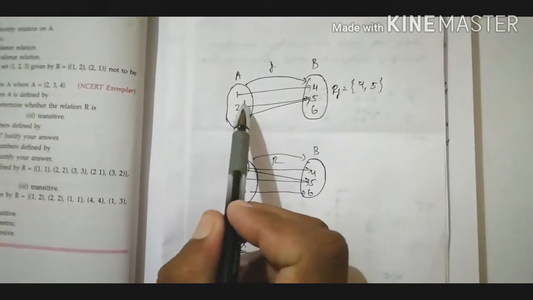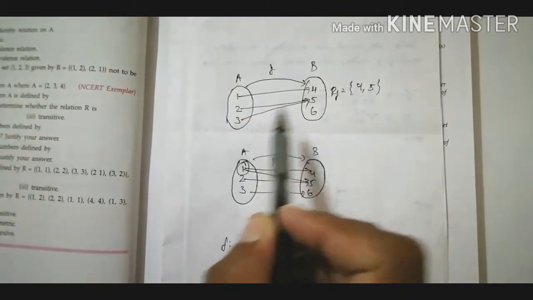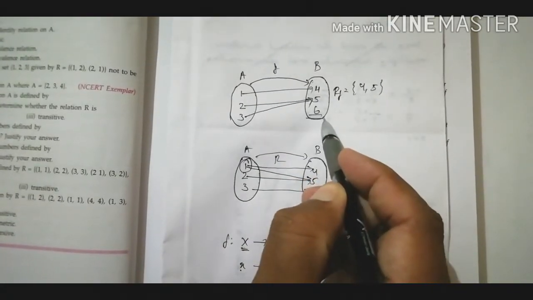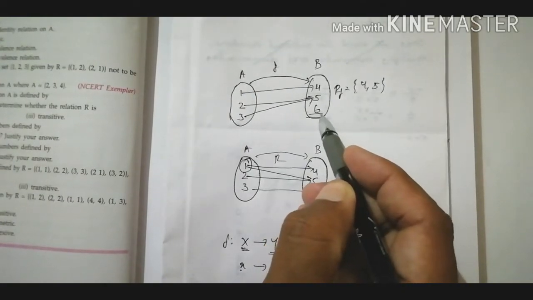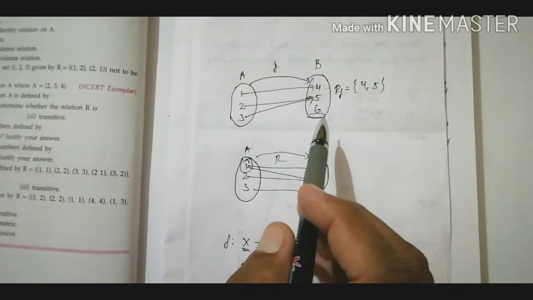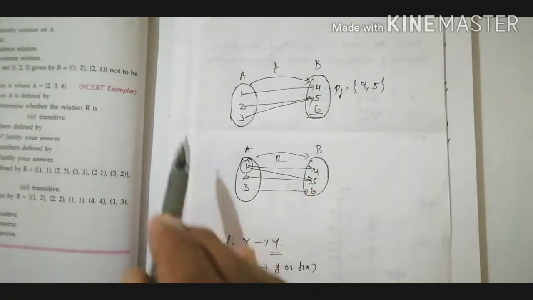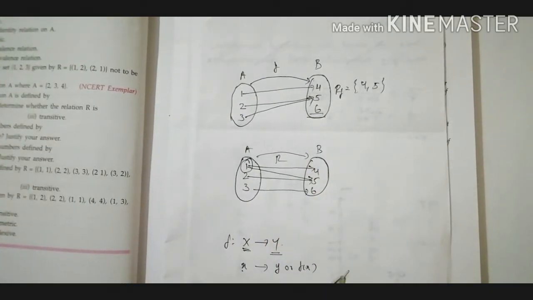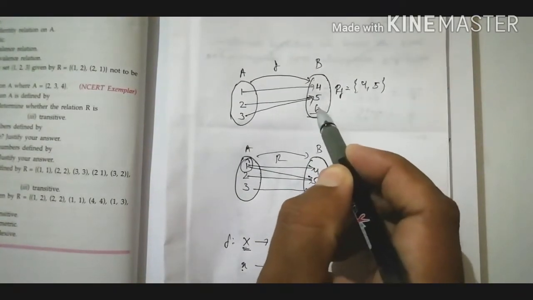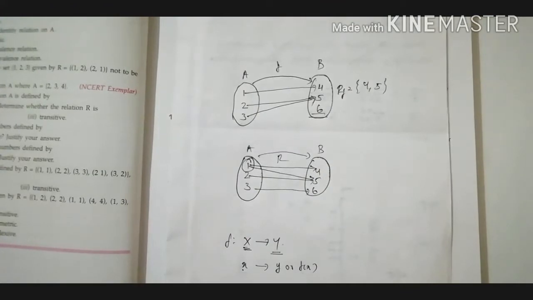Here in set A we can see 1 2 3 and in set B we can see 4 5 6, but when you check this 6, it has no pre-image. So if it is a function, it doesn't mean that all the elements of B must have a pre-image. It is not the condition. If there is one element which has no pre-image, then also we can consider it as a function.